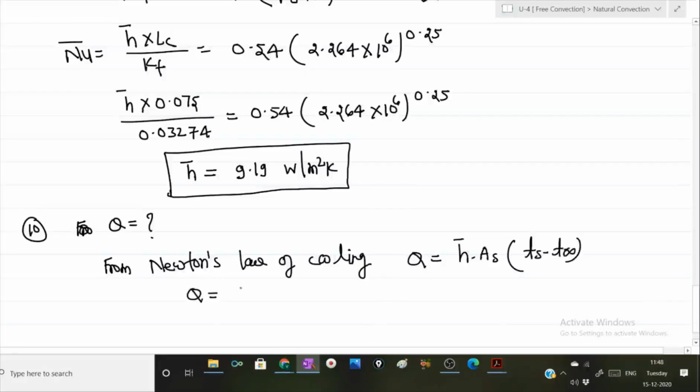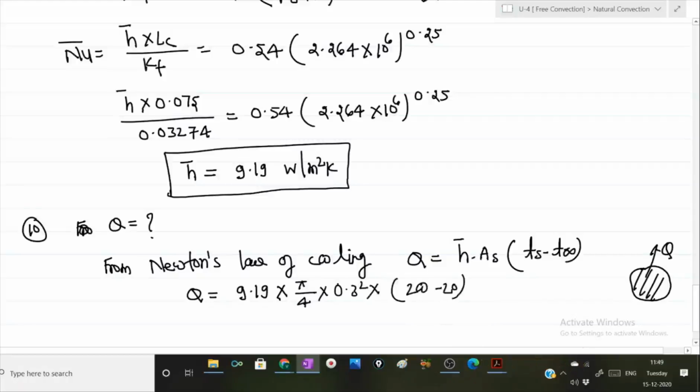So Q is equal to H bar, which is 9.19, into the surface area of the plate. Heat is transferring from this surface area of the plate, isn't it? And this surface area happens to be of circular cross section. So surface area of this plate will be pi by 4 d square. Pi by 4 into 0.3 square into (200 minus 20).